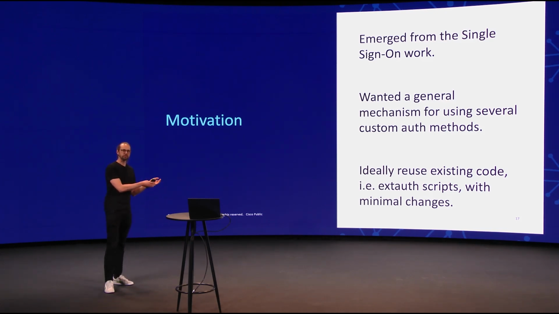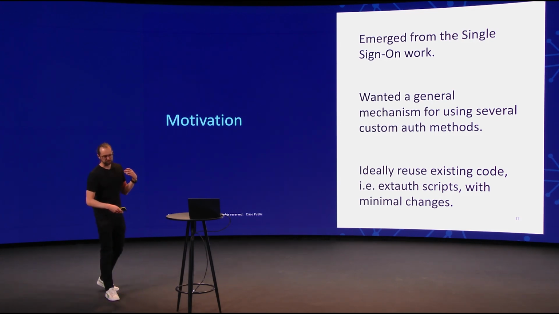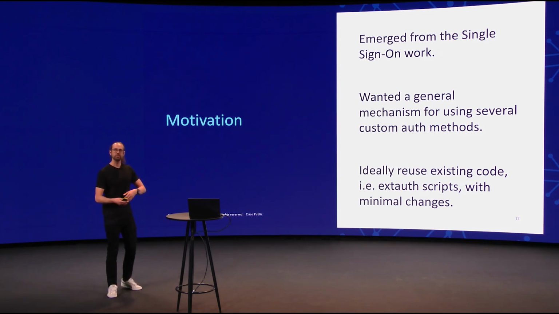For instance, you can only have one external authentication script that you have to configure to use. And ideally, we would like to reuse existing code. For instance, if you have existing external authentication scripts, with minimal changes, you should be able to reuse those.